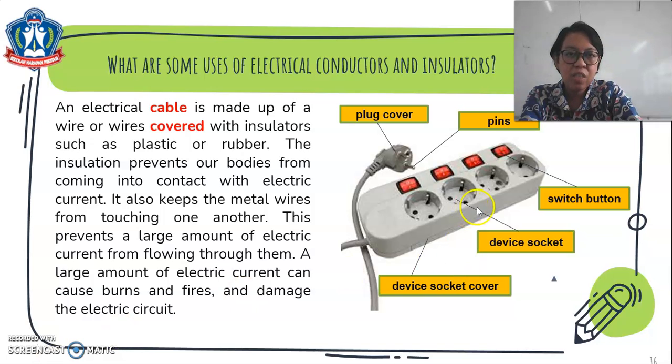So let's check this diagram. This is the plug cover. These two are the pins. Switch button, device socket, and the device socket cover. You are familiar with this, right, children? Most of us have an extension wire at home or even at school, right?